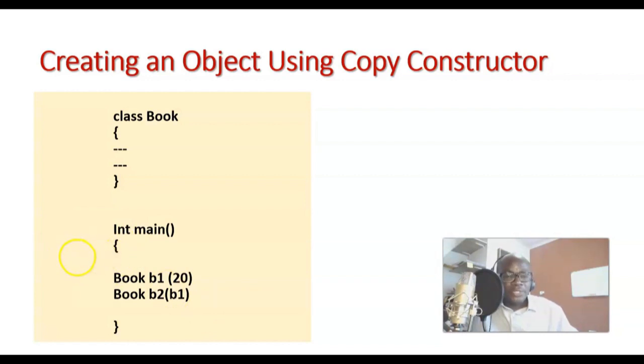So there's a simple example here where we have an object we are creating called B1, and we've given it the value 20, and then we want to create a second object called B2, and inside the brackets here, we've put B1. So what this means is this second object we are creating will simply be a copy of B1. Alright, so we now want to see how we can do that in C++.